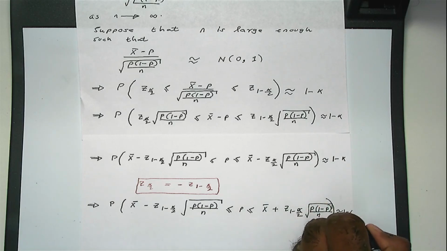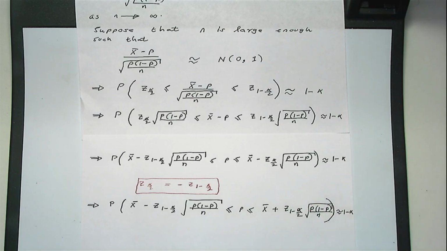Now, finally, because p is an unknown quantity, we cannot have an unknown quantity in the confidence interval. So in the final step, I'm going to approximate p by x bar.